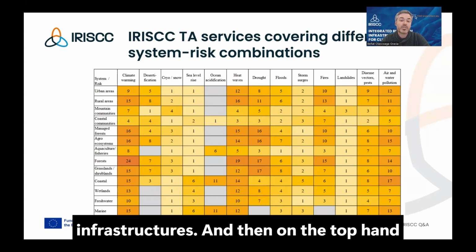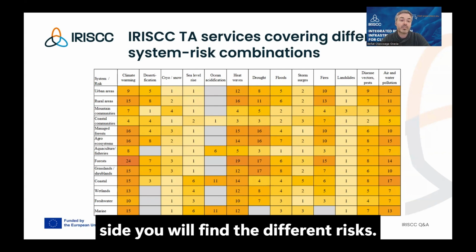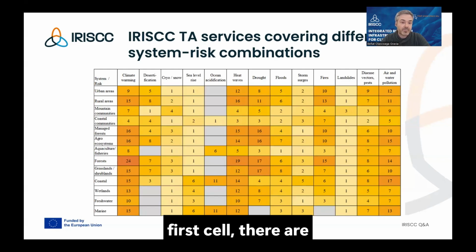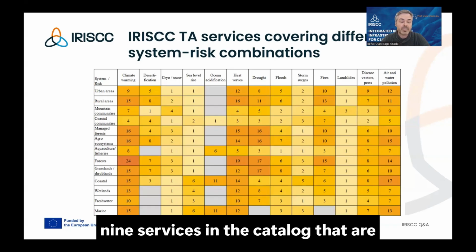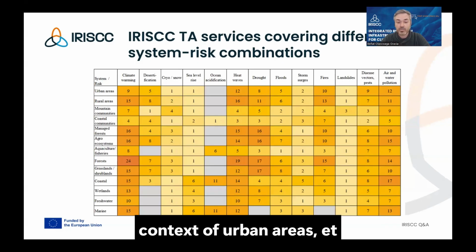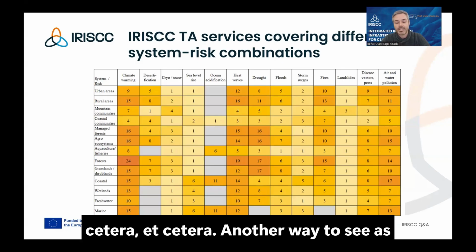And then on the top, you will find the different risks. So how do you interpret the graph? If you go to the left-hand side, the very first cell, there are 9 services in the catalogue that are related with climate warming in the context of urban areas, etc., etc.